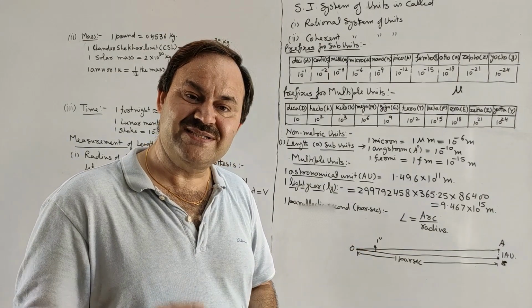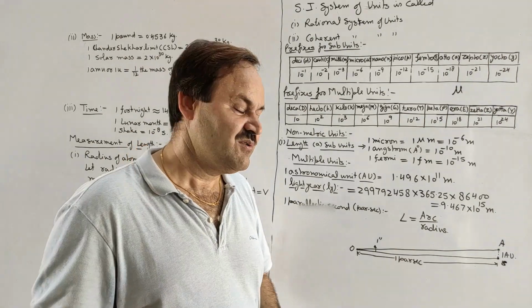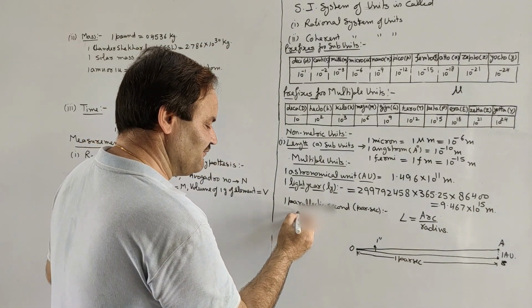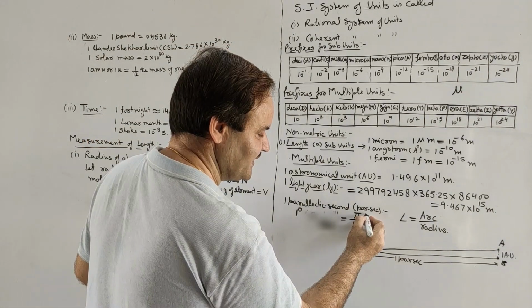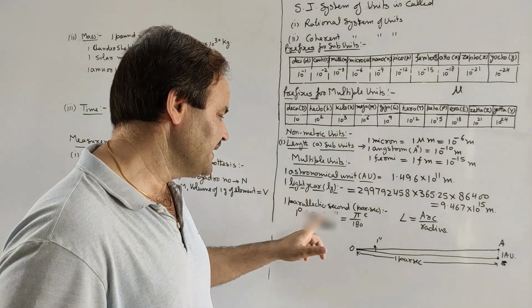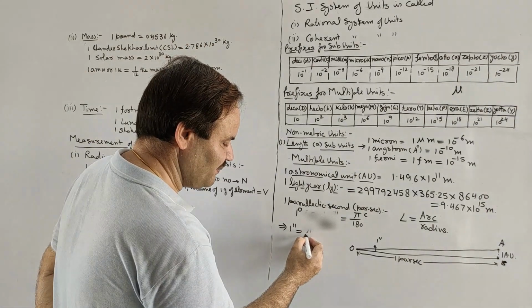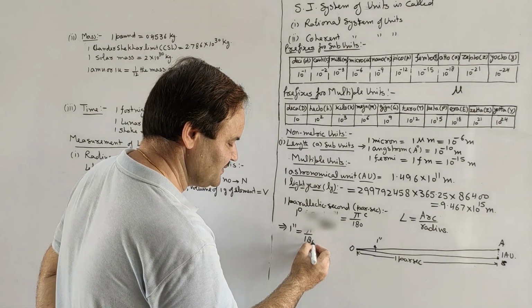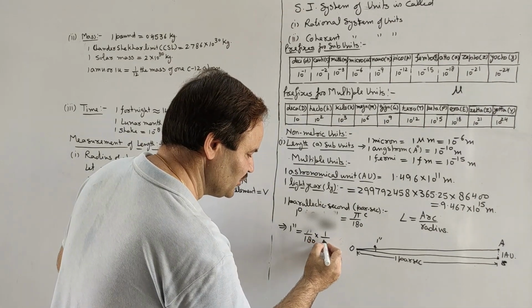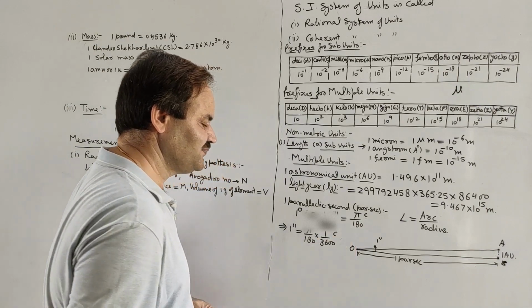convert this angle of 1 second into radian. We know that 180 degree is pi radian, so 1 degree will be pi upon 180 radian, and 1 second is pi upon 180 into 1 upon 3600 radian.